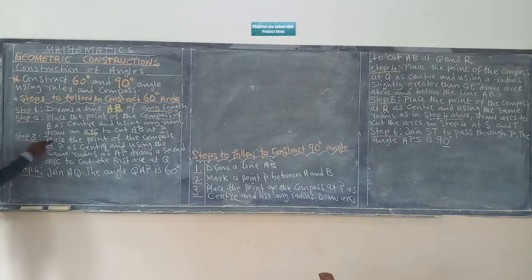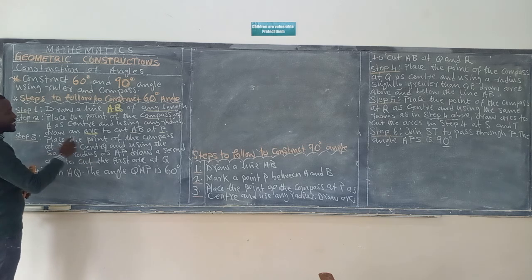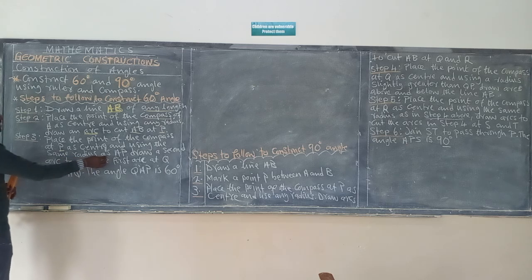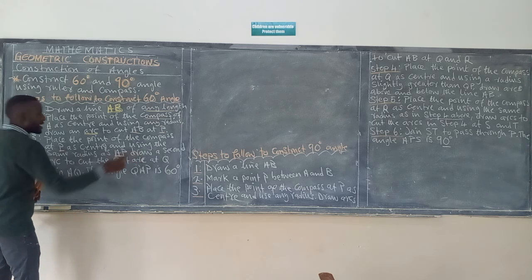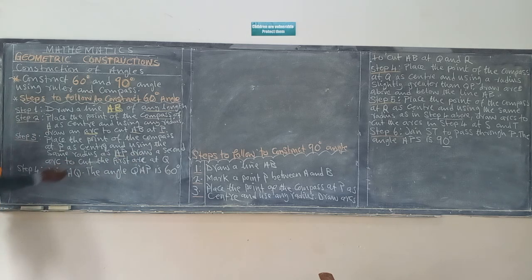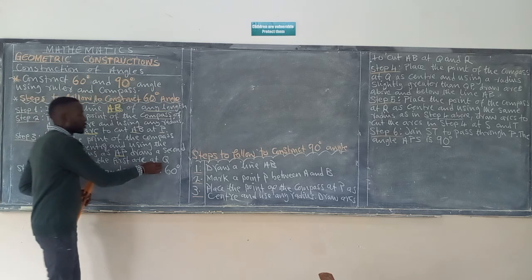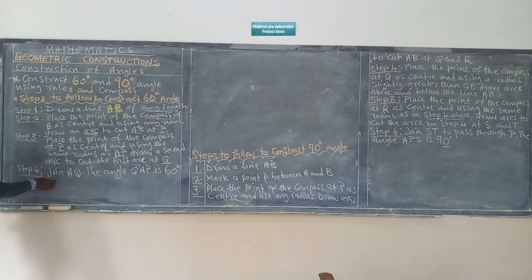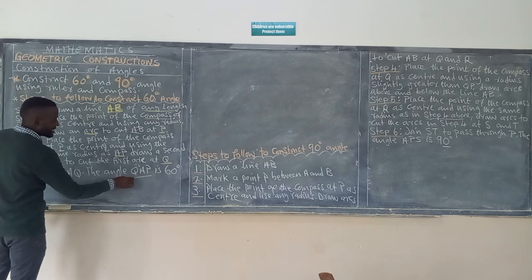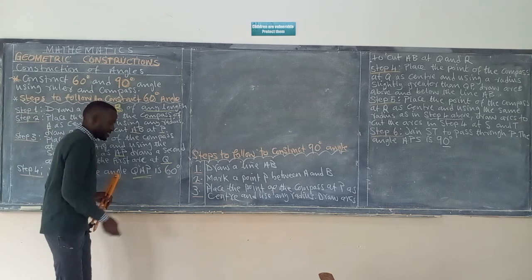Step 3. Place the point of the compass at P as center and use the same radius AP. Draw a second arc to cut the first arc at Q. Hence, when you measure the angle that you have formed, it is QAP, and it is 60 degrees.